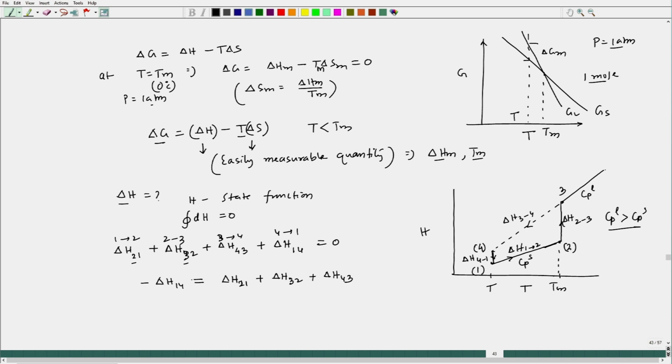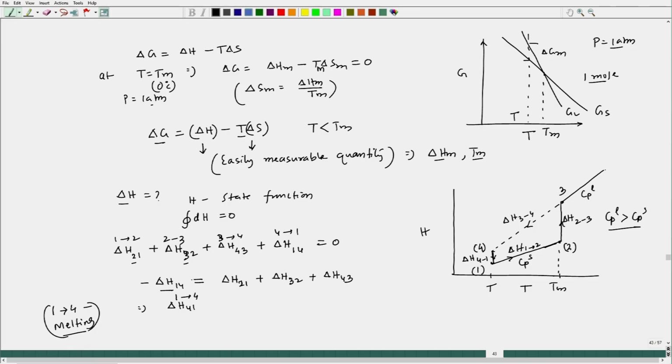Now, this one is coming out to be delta H 4 1, just opposite. It is basically from 4 to 1 I am going, so it should be 1 to 4. And 1 to 4 is nothing but melting. I am considering it in terms of melting.